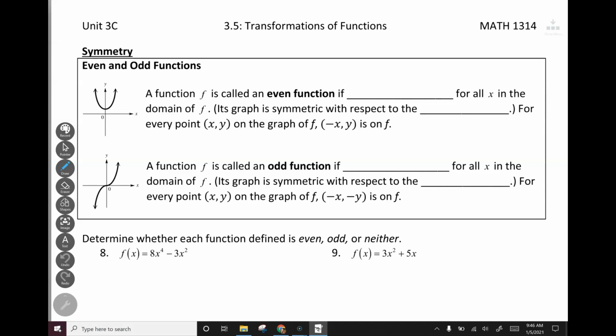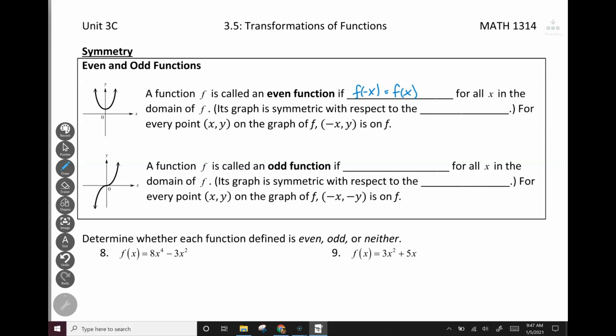All right, this page is a little different. We're going to be looking at the symmetry of functions. So a function can be either even or odd. A function f is called an even function if f of -x equals f of x for all x in the domain of f.